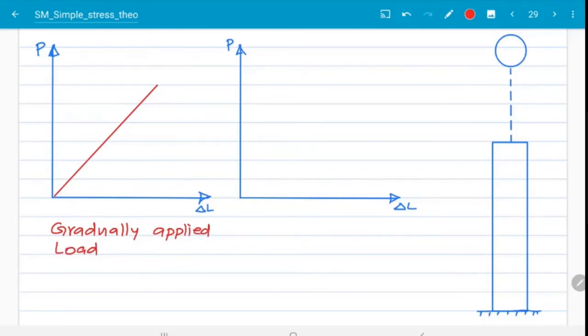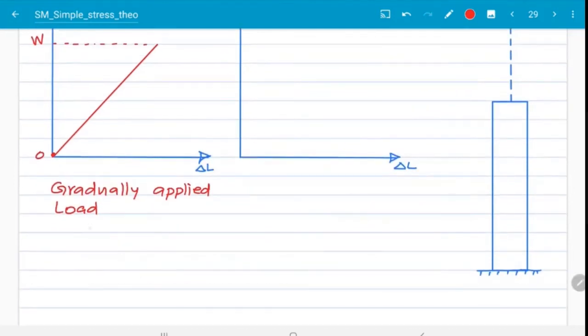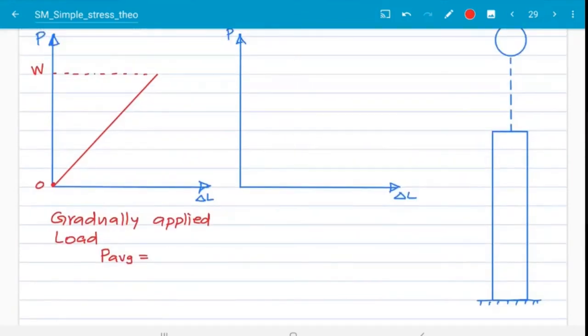So initially it was 0. Final load is P, or let us say it is W. Right. What is the average load, P average? Tell me. Average load.